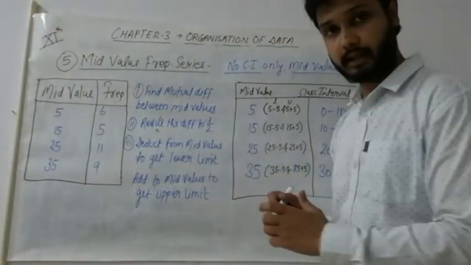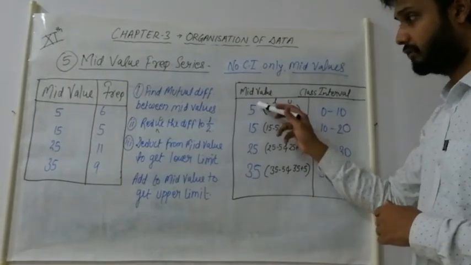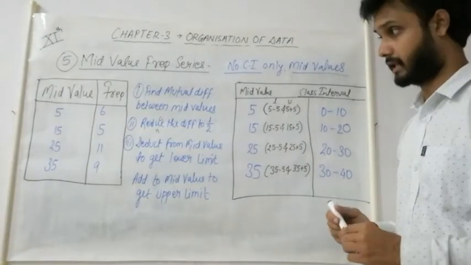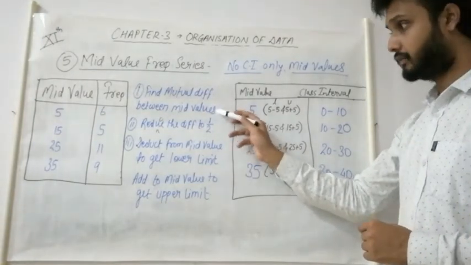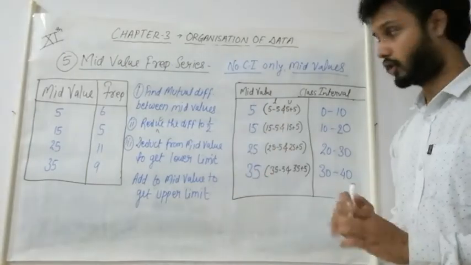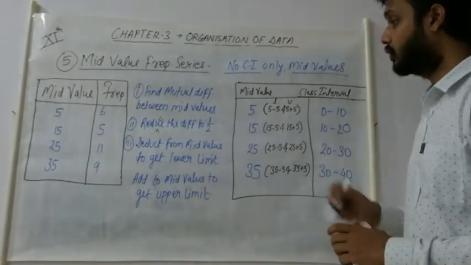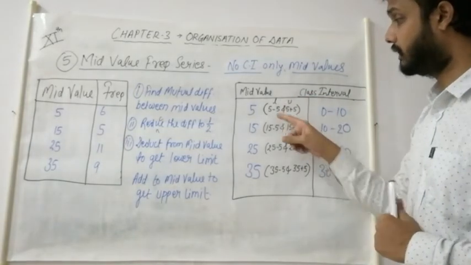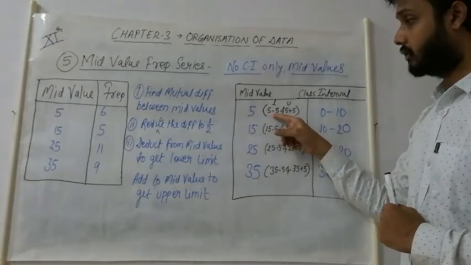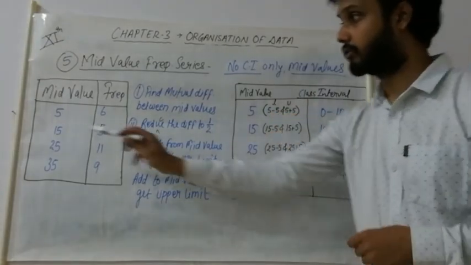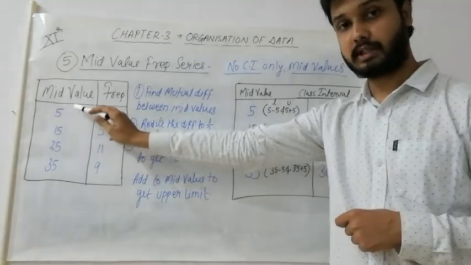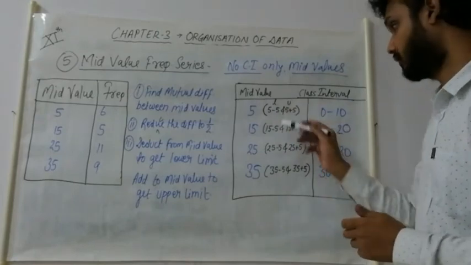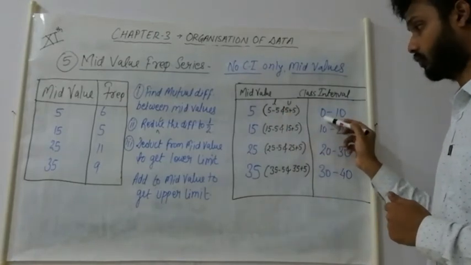Let's see how it is done. Our mid-values are written here: 5, 15, 25 and 35. We got the mutual difference as 10, reduced it to half and got 5. To get the lower limit, here I have written L, we subtract this 5 from the first mid-value, which was 5, and we get the lower limit as 0.